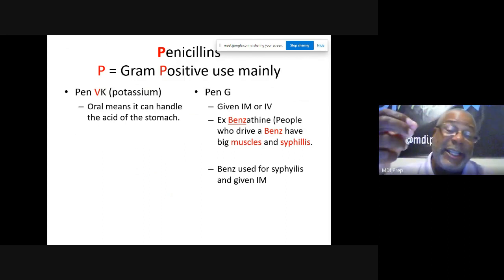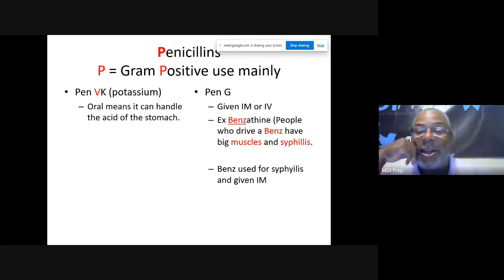Now, Pen G, on the other hand, you remember we were talking about syphilis earlier? So syphilis is typically treated with Pen G, like benzathine, which is basically an IV or intramuscular medication for syphilis, okay? So this mnemonic is just a crazy mnemonic that one of my medical students came up with years ago, but it said that basically people who drive Benz, like Mercedes-Benz, have big muscles and syphilis.